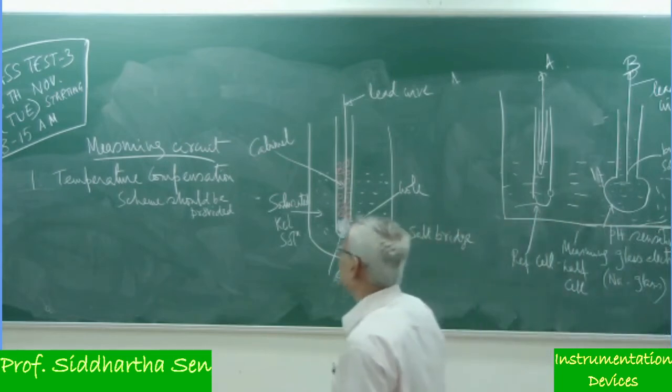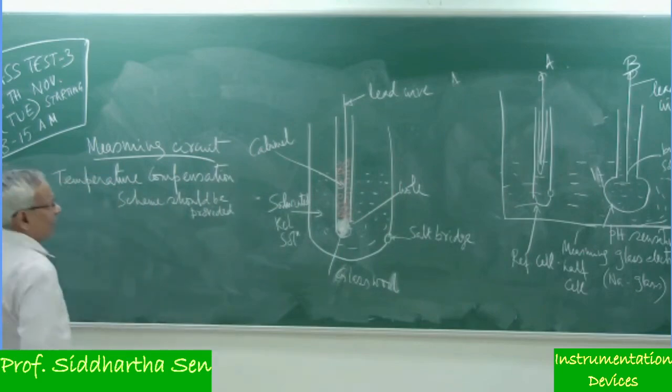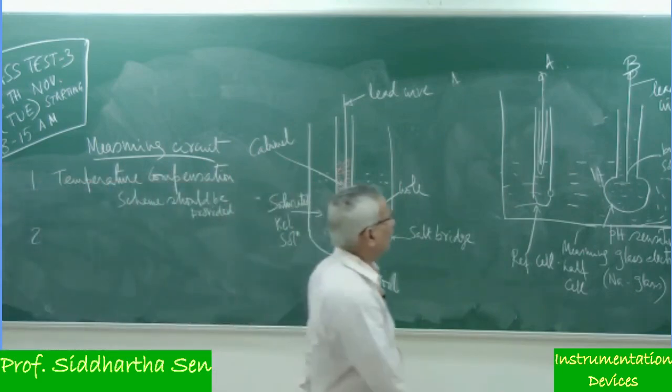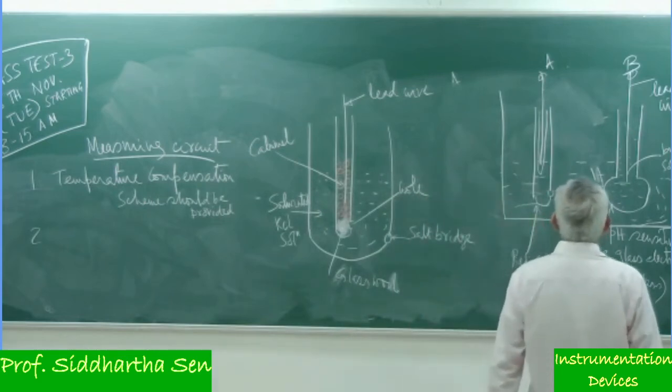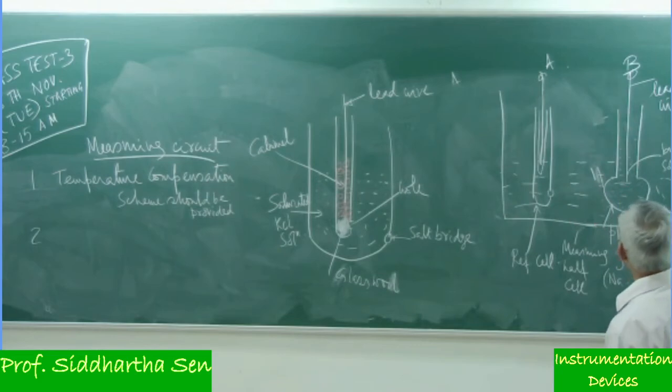But there is a bigger problem in another case. You can think of this voltage as 59.52 millivolt per pH.